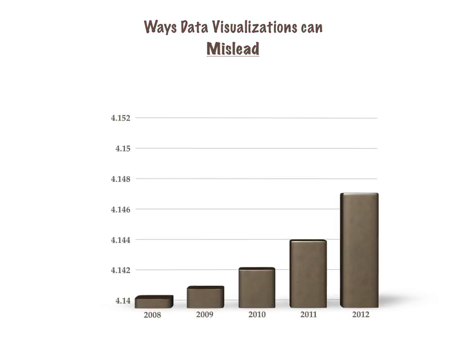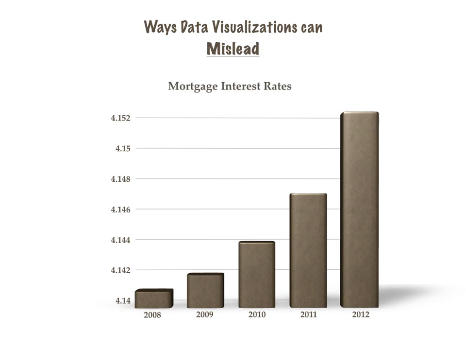Consider this bar graph that shows the mortgage interest rates, how they varied from year to year over a 5-year span. At first glance, it appears that the mortgage rates are going up very significantly each year, especially in 2011 and 2012, where it seems that the rates are doubling those 2 years. However, when you look at the actual values on the side, you see that they don't start at 0.